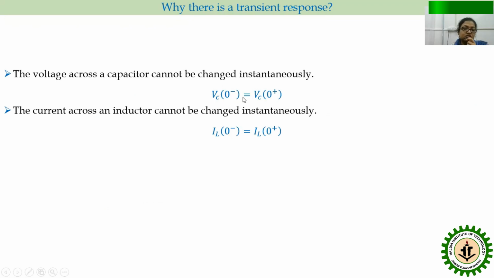That's why just before 0 and just after 0, the voltage across the capacitor remains the same, and the same goes for the inductor. Here I_L(0 minus) means current just before switching at t equals 0, and the current just after t equals 0 flowing through an inductor remains the same. It can't follow that change at t equals 0 because of its inherent property, and because of this property we see the transient response.